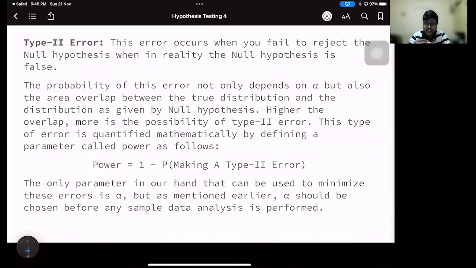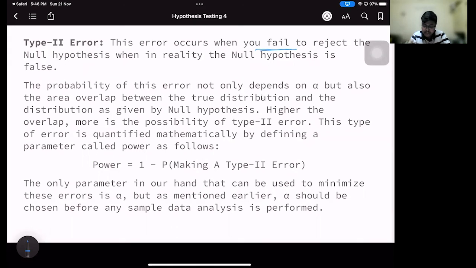Now let's talk about the type 2 error. This error occurs when you fail to reject the null hypothesis, depending on the p-value and significance level, when in reality the null hypothesis is false. So you are failing to reject even though it is false.